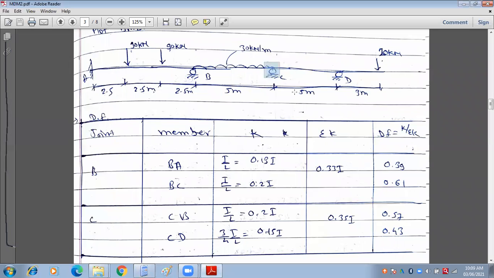Now similarly for the joint C, the two members CB and CD are connected. For the end B, B end is continuous, therefore again I by L. The span is 5 meters, so 0.2 I. For CD, the far end D is simply supported, therefore 3 by 4 I by L. L is again 5.